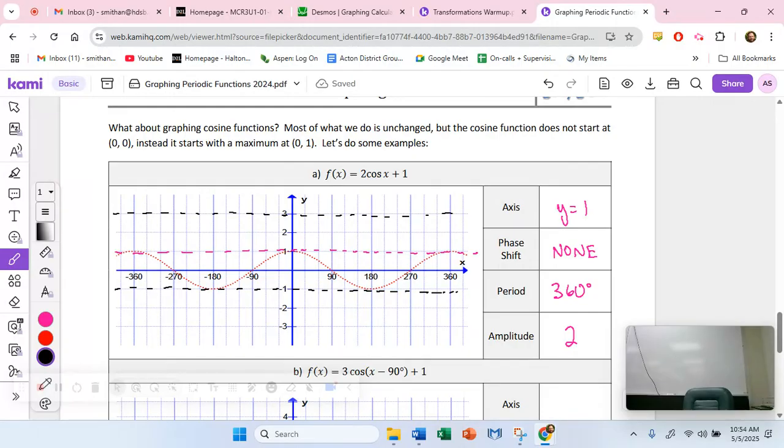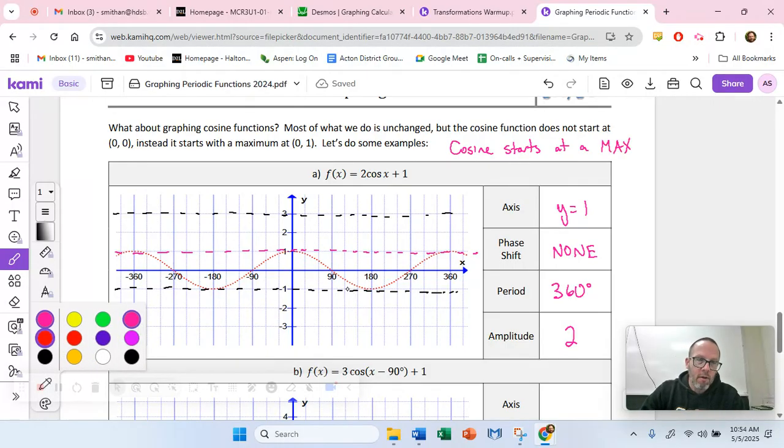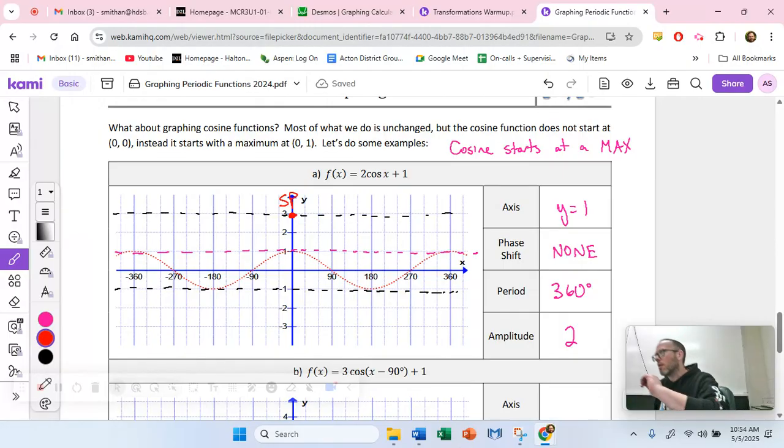You can think: cosine starts at a maximum. For us there's no phase shift, so we'll just start at 0, 3, and I'm going to label this one as the starting point. Once you have one point, you can graph the entire rest of the function.